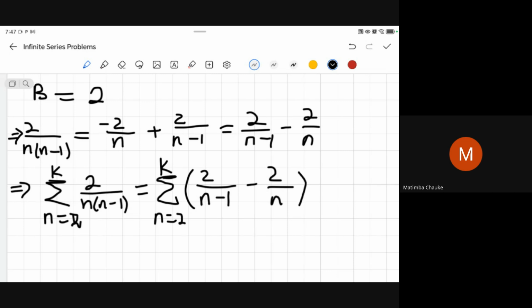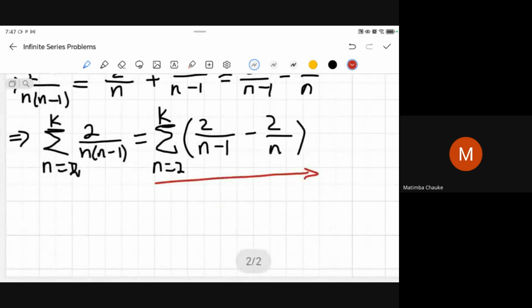So this should always be this minus something. Is that right? That is a telescoping series. So now since I have this, I can apply the telescoping series.